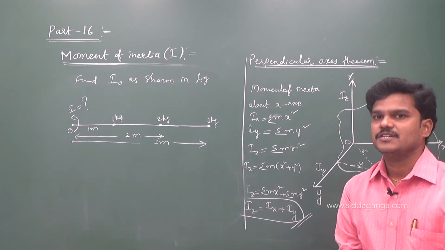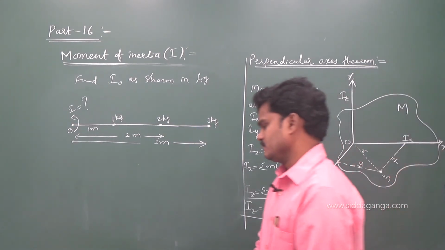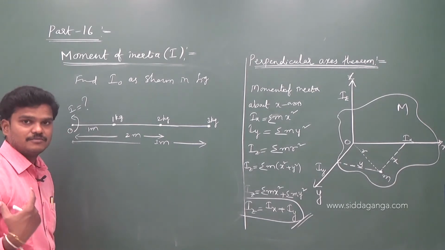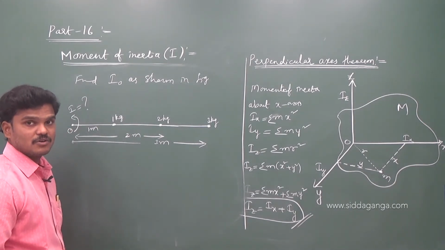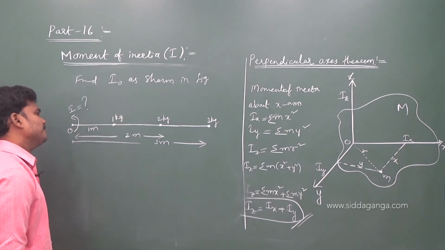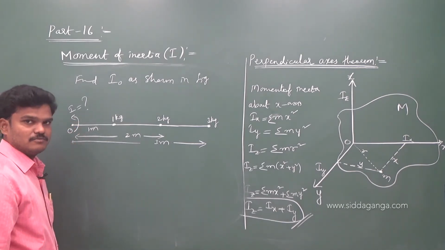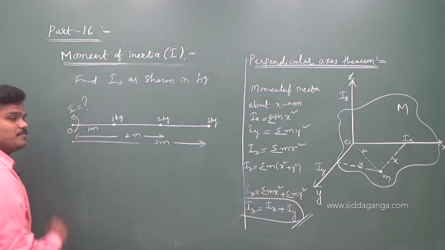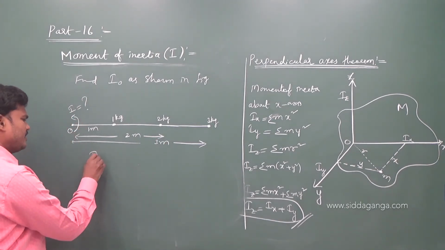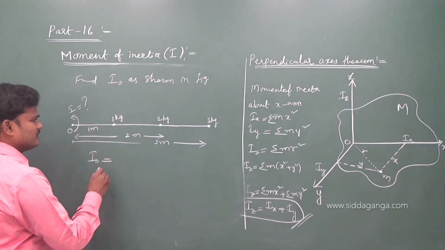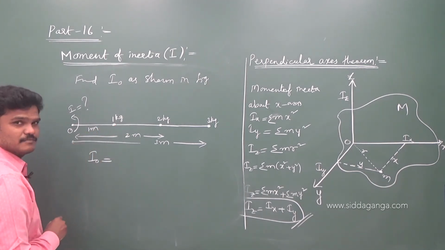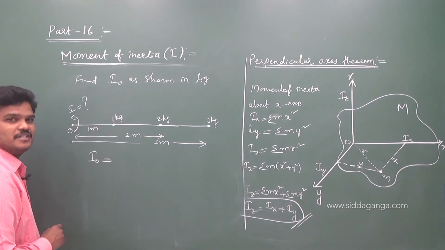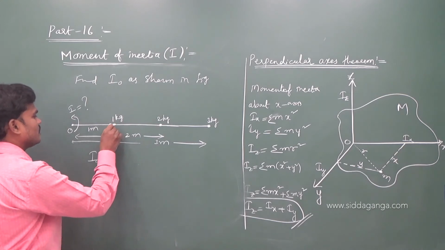How to get moment of inertia? What is the moment of inertia? It is the product of mass of the body and square of the distance from axis of rotation. You feel that this is the axis of rotation here now, because all the three particles are rotating about this point O. Then we can write I about O as m1 r1 square plus m2 r2 square plus m3 r3 square.